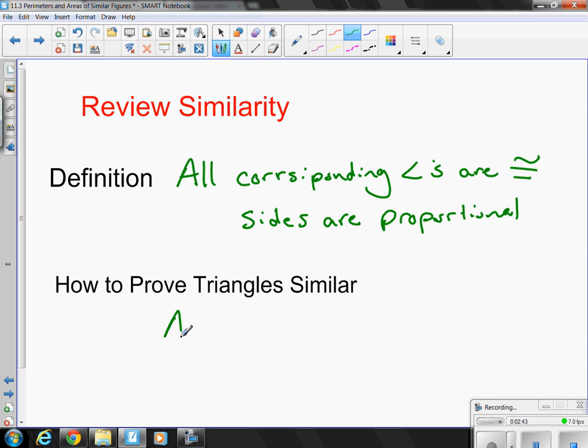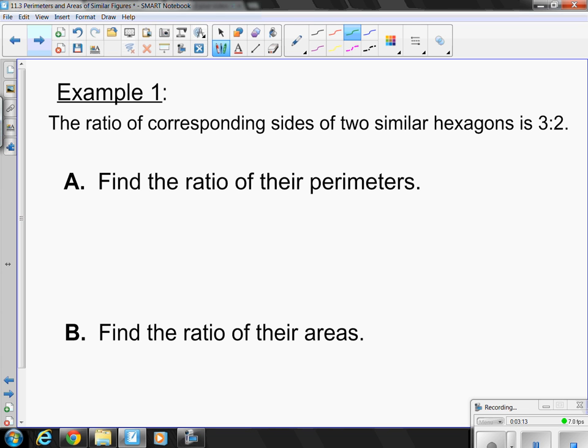We had the angle-angle similarity postulate. And we also had side-angle-side, where the sides were proportional and the angle between them congruent, similarity postulate as well, I believe. And side-side-side. Okay, that's a quick review. You might need that in this chapter again.